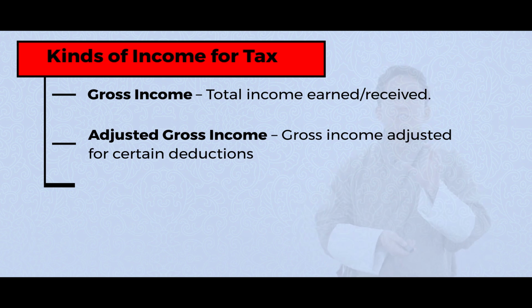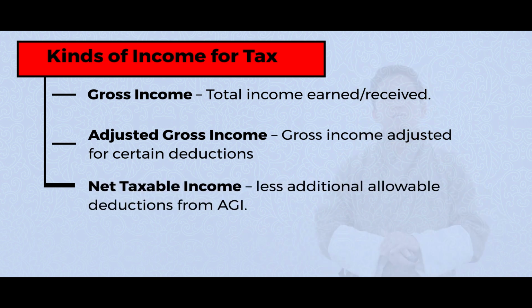Those deductions are adjusted from allowable deductions, which I'm going to show you later on. And we have a net taxable income, on which, after all the deductions, you are going to pay the tax. So a certain amount will be liable on this net taxable income.